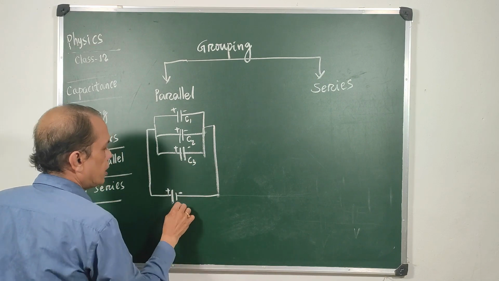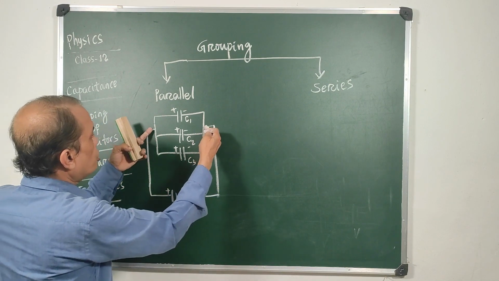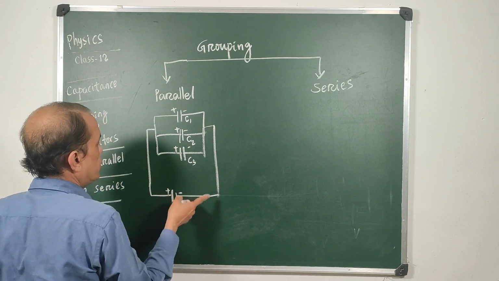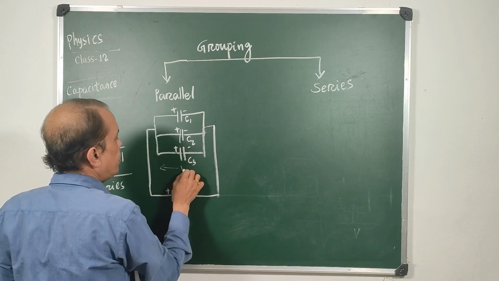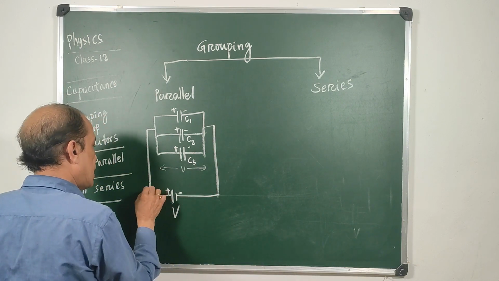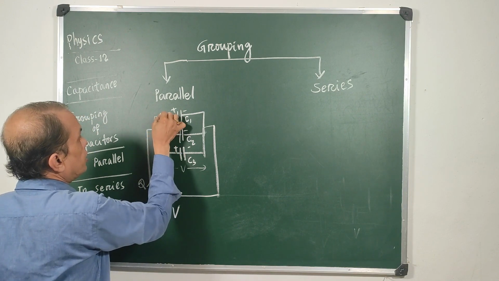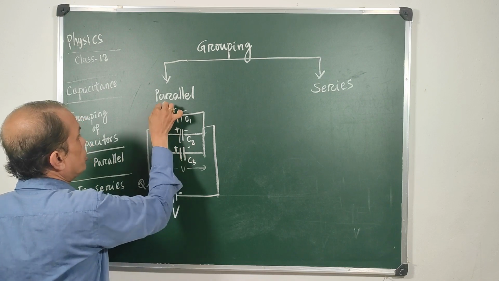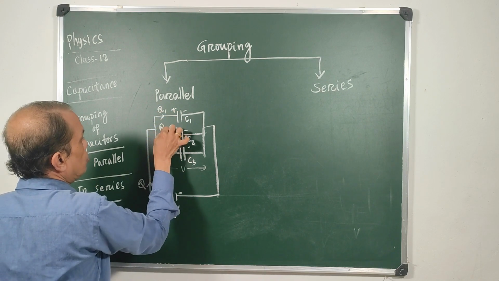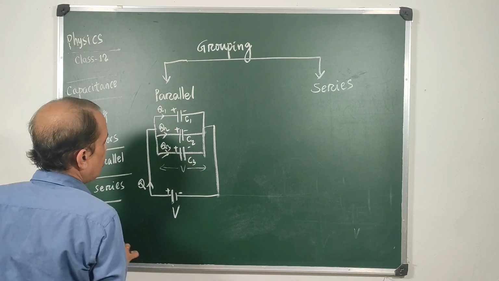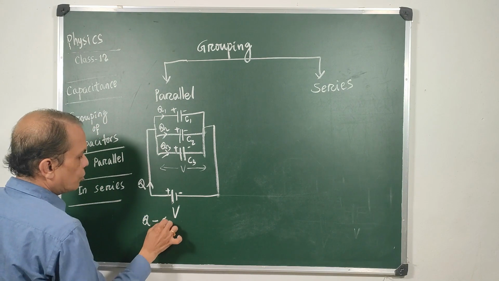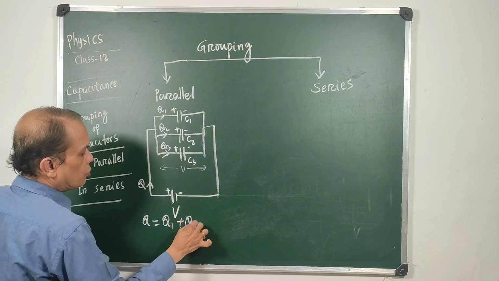Since this is the potential V, both ends of each capacitor will have a potential difference V. So the V factor will not be disturbed, but the charge Q that is going here will have to be distributed among the three. So this will be charge Q1, this is Q2, this is Q3, and we have Q equal to Q1 plus Q2 plus Q3.